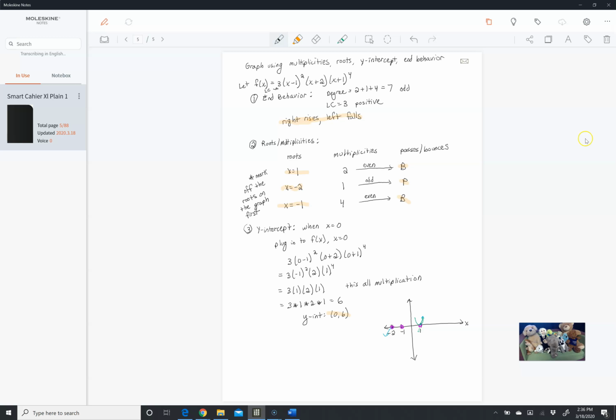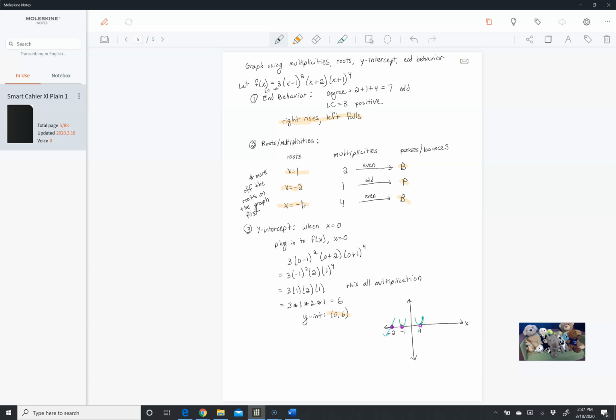At x equals -2, we pass. And because we're coming from underneath, that means that we're going to above. And then finally at x equals -1, we bounce. So we know because we were above after -2, we know that we're going to wind up above at -1. And as we go left to right, we wind up bouncing, okay?